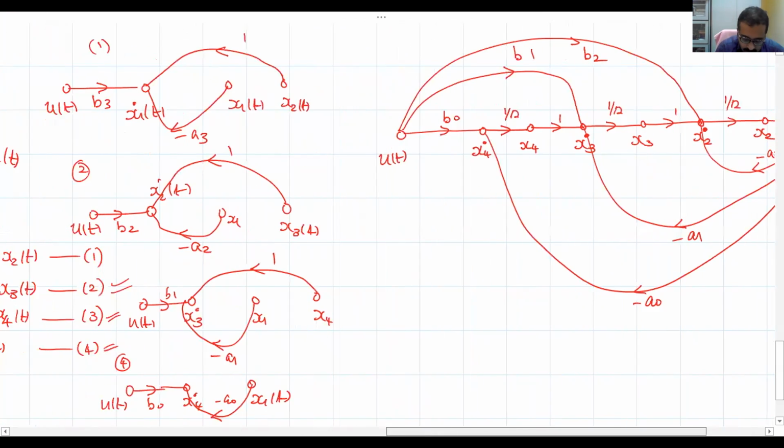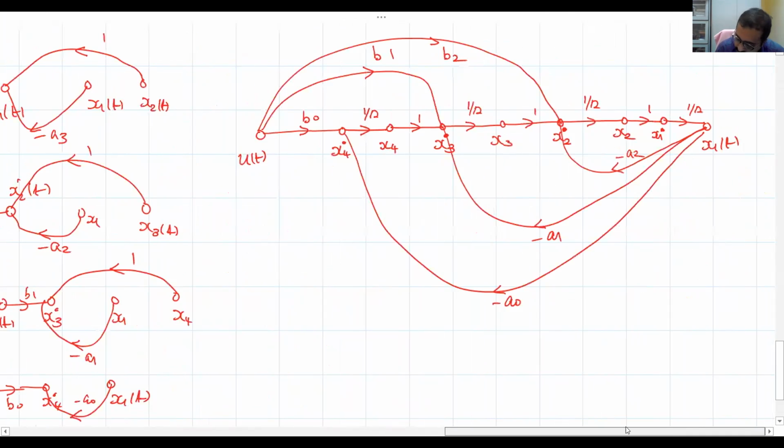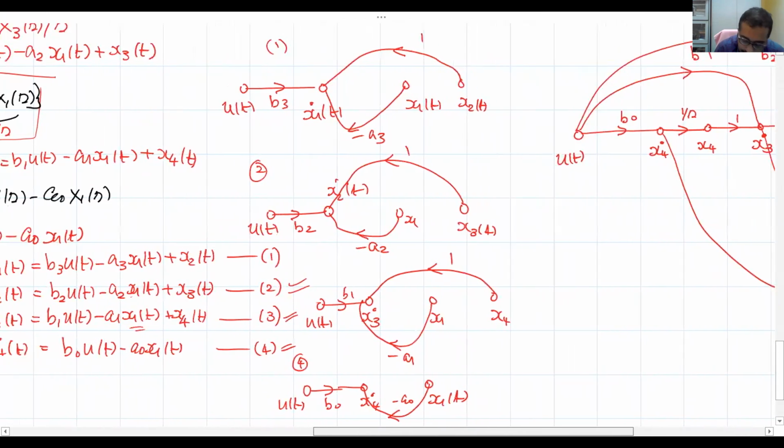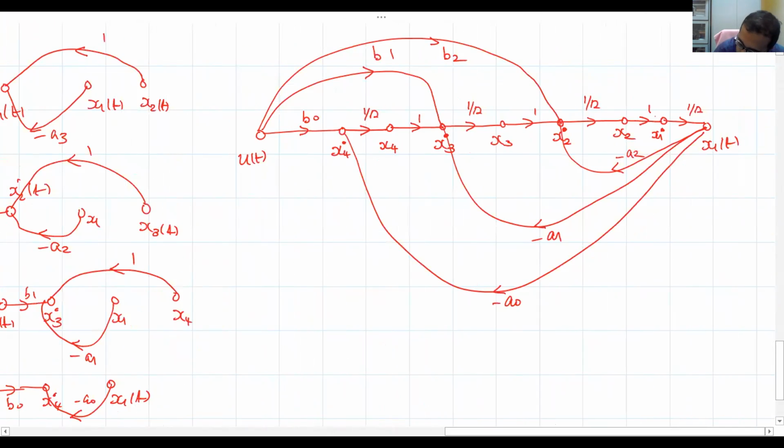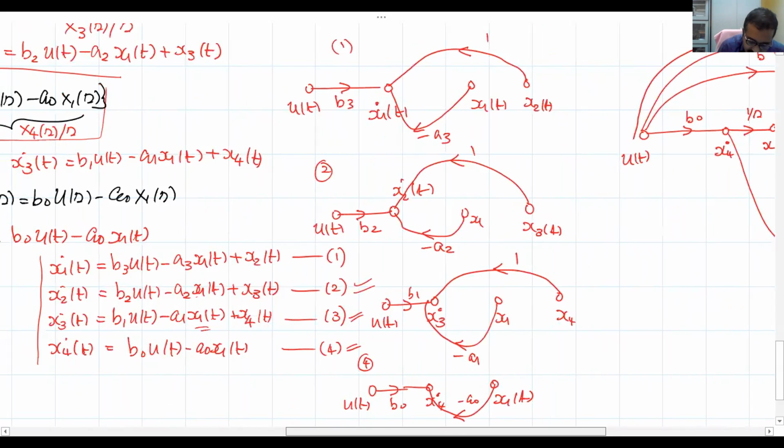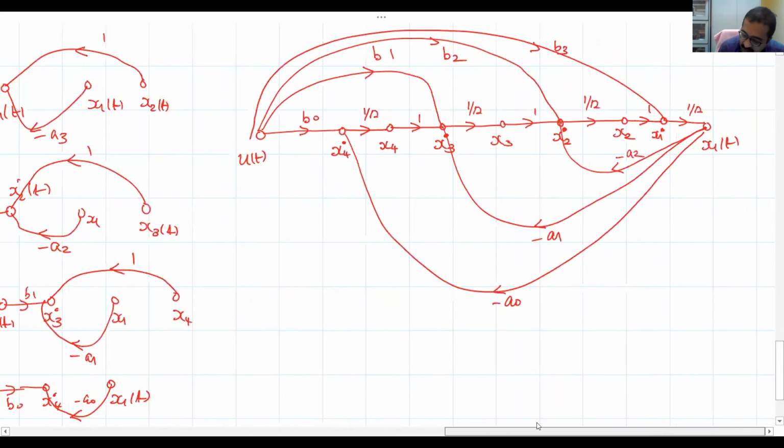What is x1 dot? x1 dot must be x2 plus b3 u of t minus a3 x1. The x2 part is already satisfied, so there should be b3 u of t, and minus a3 x1. Okay, we are done with this part.